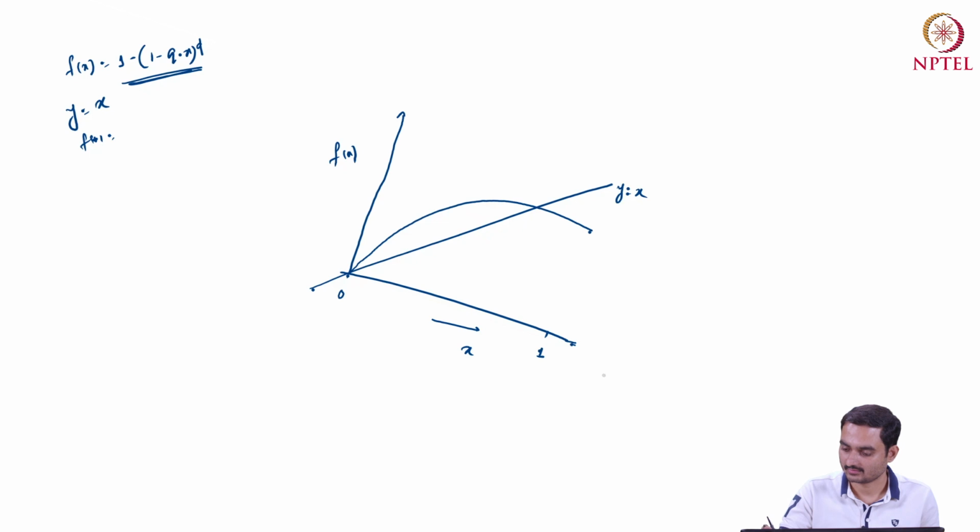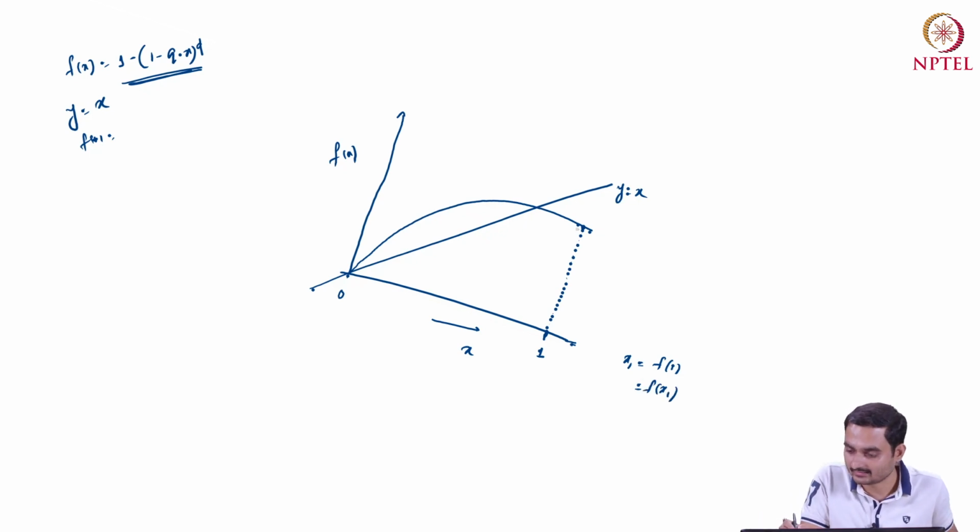So this is 1. What would be f1? If we look at it here, this is 1, and f1 would be this one. Now f1 is x1, right? So in the next stage, f of x1 would be, say, this value.